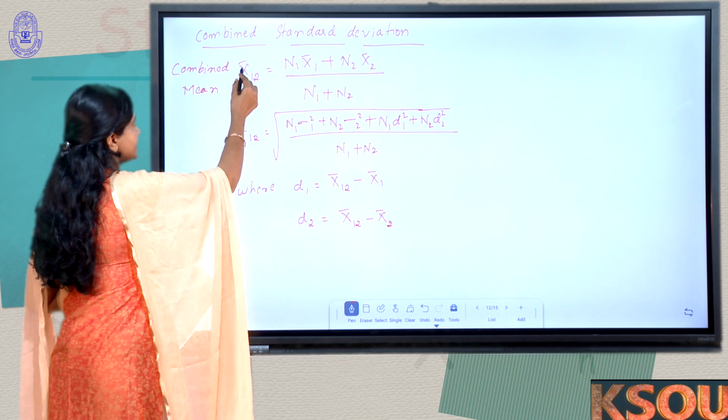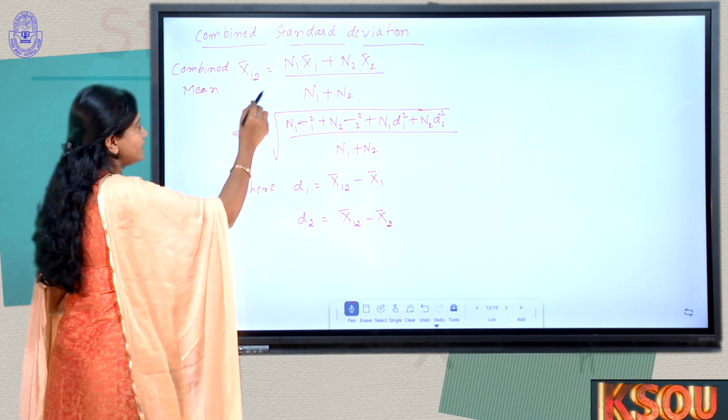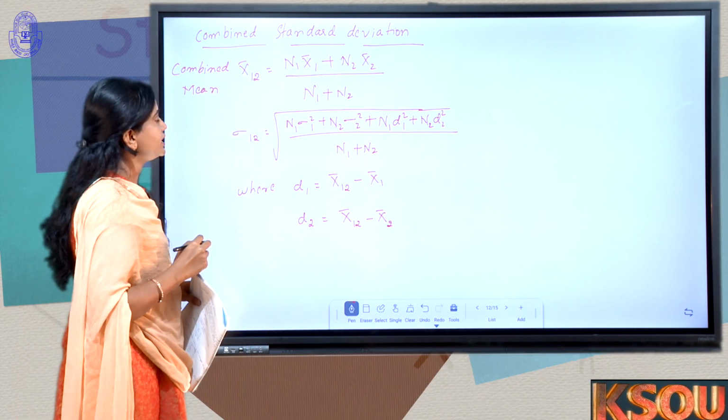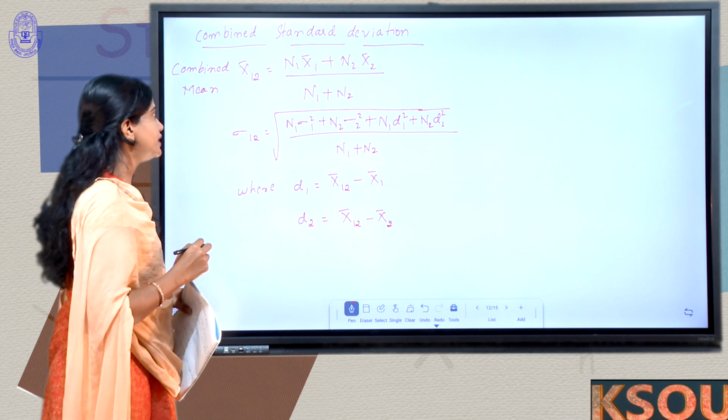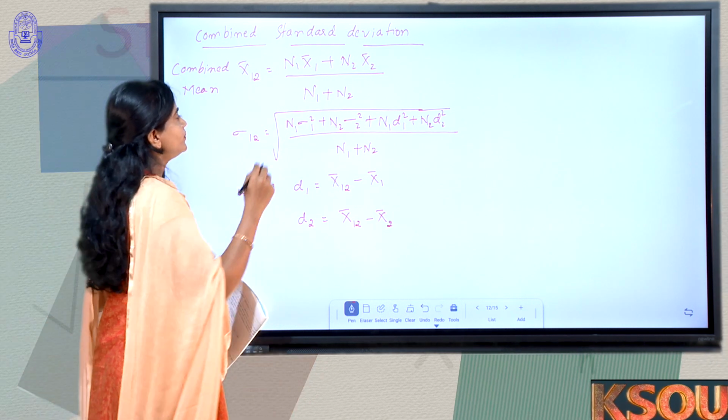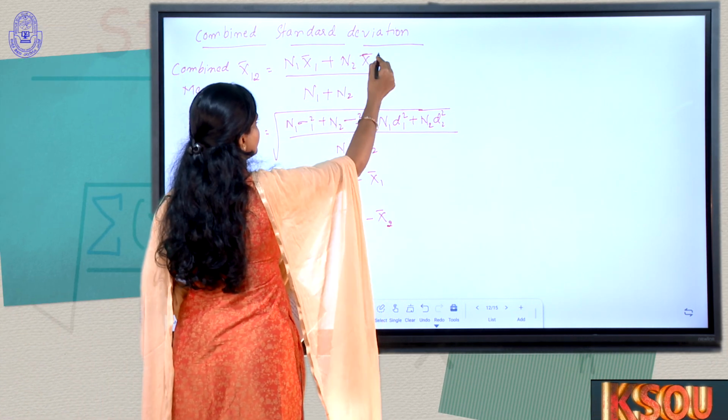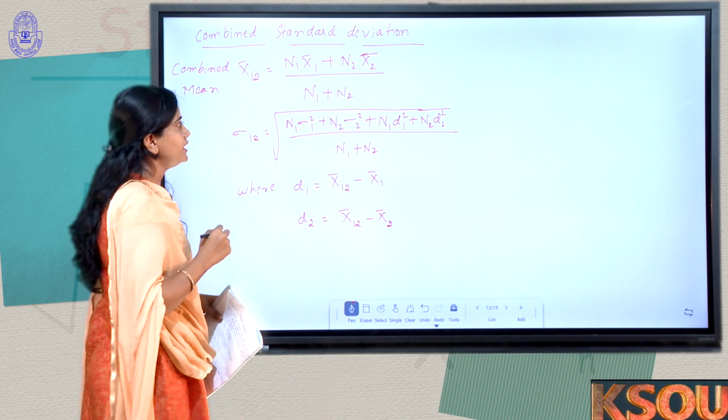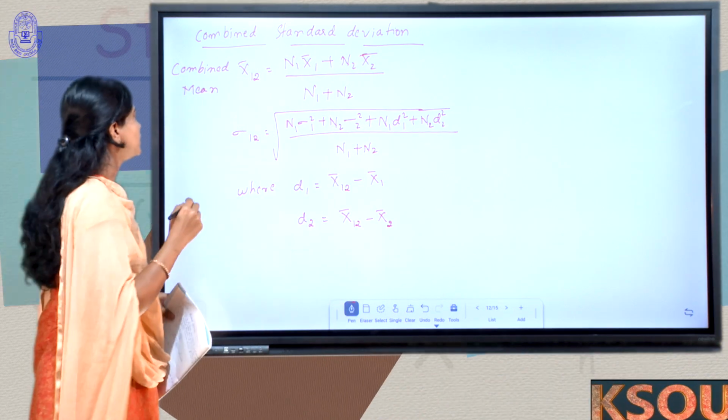That is x12 bar is equal to n1 into x1 bar plus n2 into x2 bar divided by n1 plus n2.